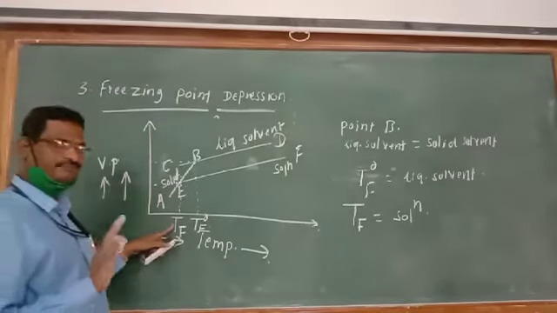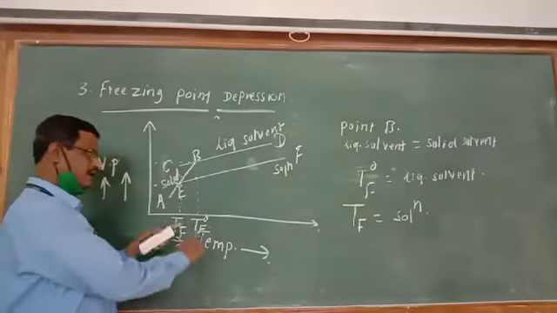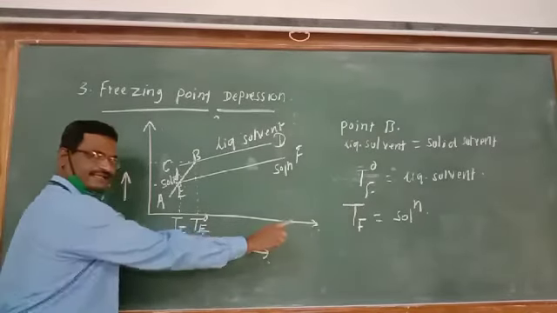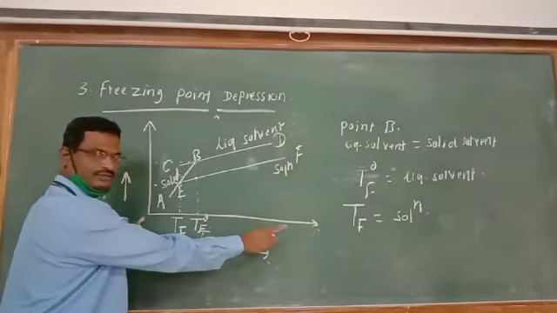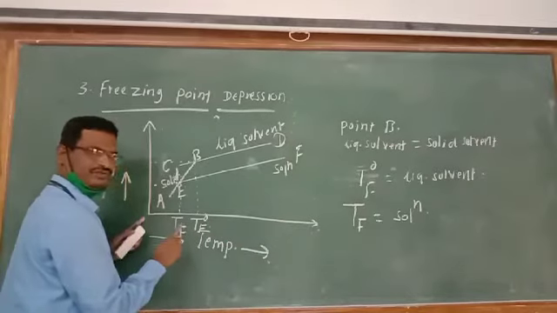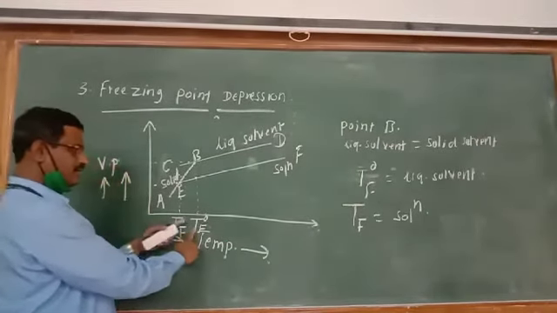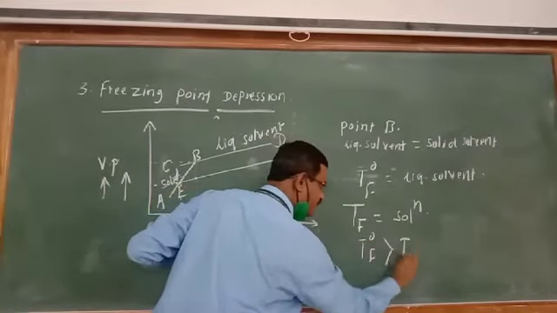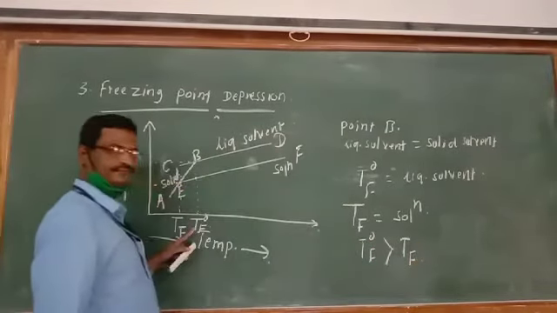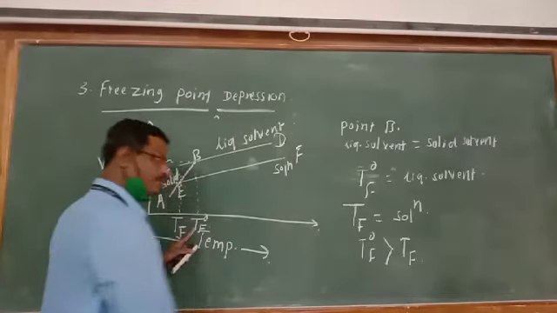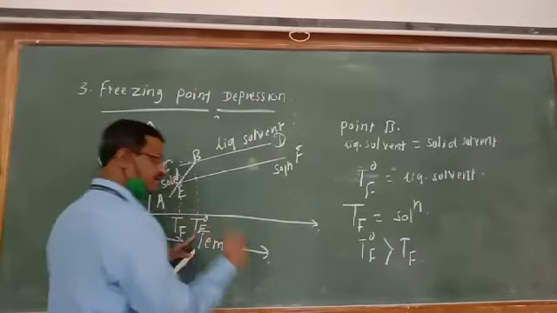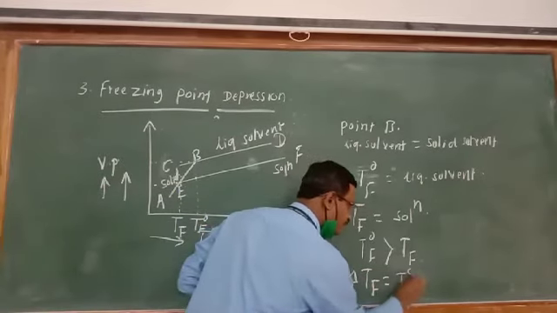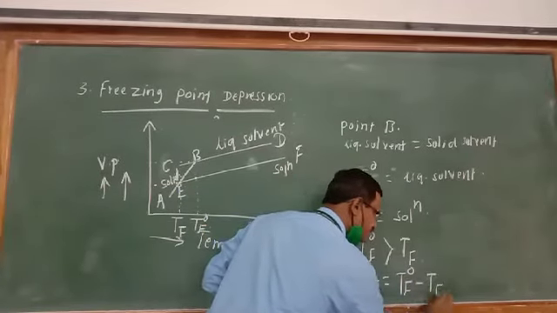And from this graph, it is clear that T0F is greater than TF. Temperature increases from left to right. So T0F is greater as compared with TF, and this difference between T0F and TF, delta TF, will be equal to T0F minus TF.